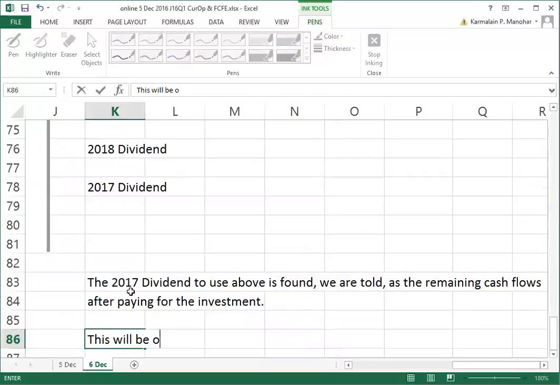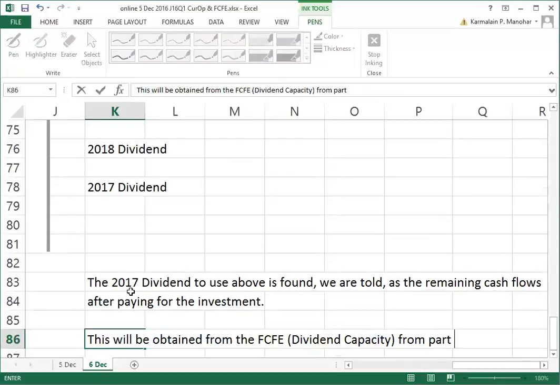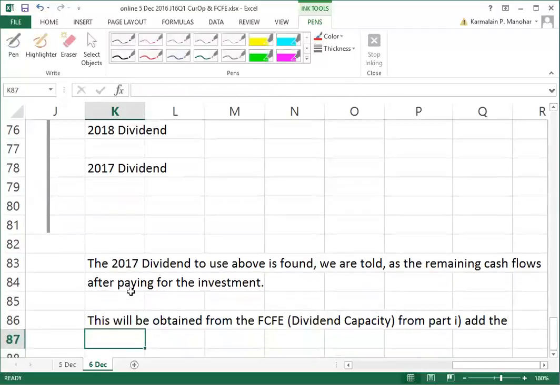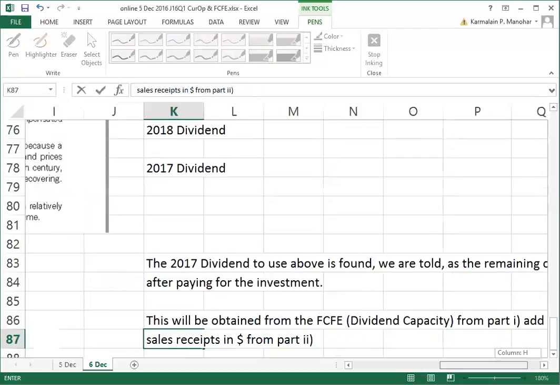This will be obtained from FCFE, or in other words, dividend capacity, from part 1. Add the sales receipts, dollars, from part 2. What did we sell in part 2? Just throwing in descriptions from the case now.